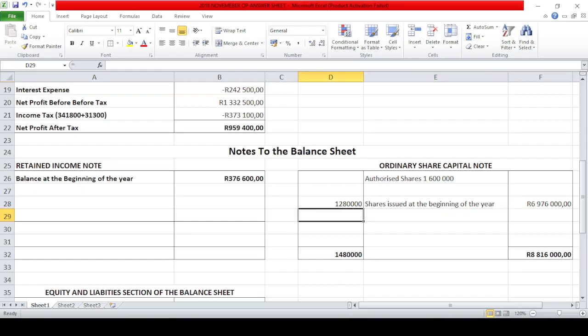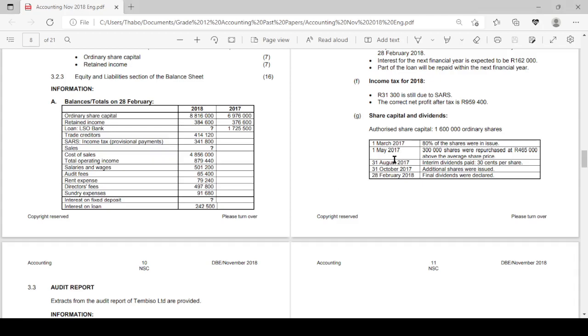Moving forward, on 1 May 2017, 300,000 shares were repurchased at 465,000 rand above the average share price. Meaning that this amount is going to be recorded on our retained income note.